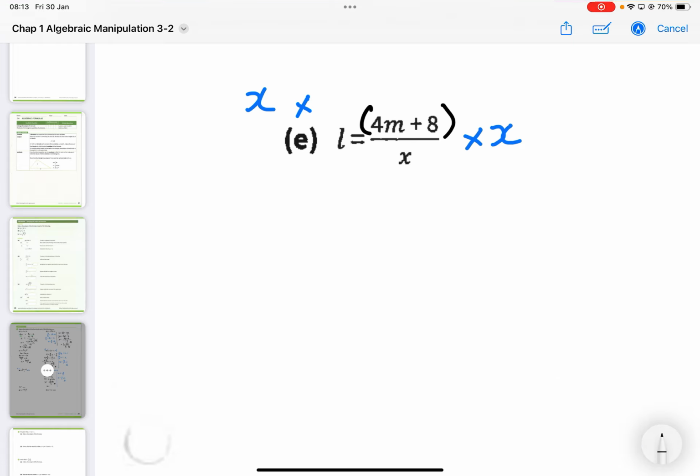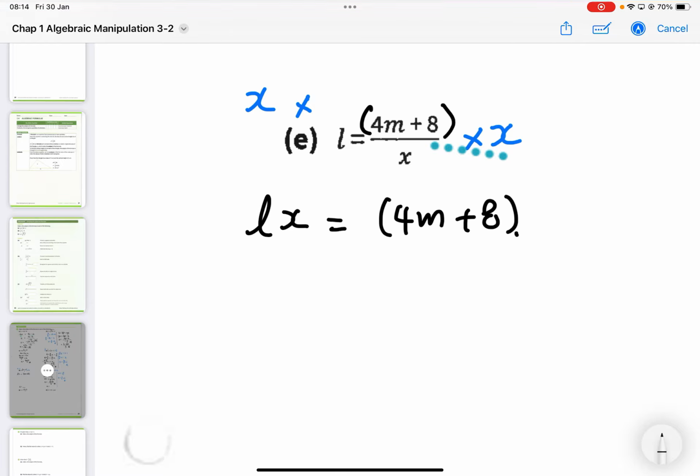And notice that the numerator has more than one term, so I put my bracket already. Then I will have L times X equals to 4m plus 8. If this is 3x, I will divide by 3.